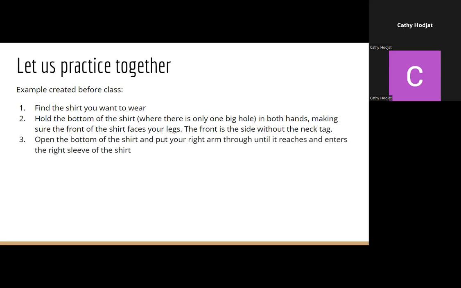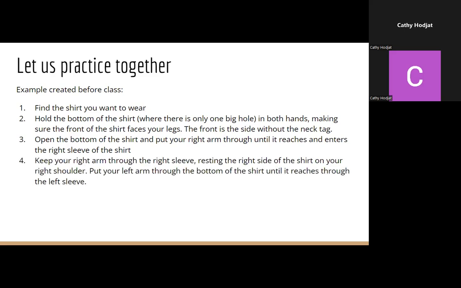Open the bottom of the shirt and put your right arm through until it reaches and enters the right sleeve of the shirt. Keep your right arm through the right sleeve, resting the right side of the shirt on your right shoulder.